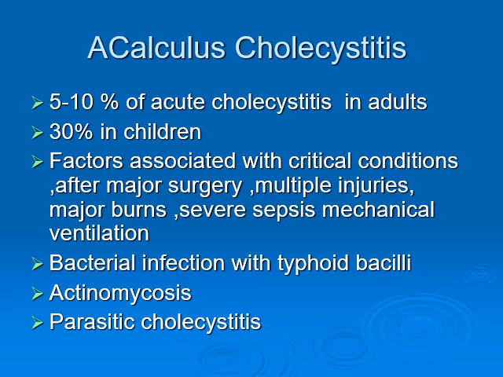Factors associated: critical conditions after major surgery, multiple injuries, major burns, severe sepsis, and usually it's noticed in patients on mechanical ventilation. Bacterial infection with typhoid bacilli or actinomycosis is very rare nowadays. At the time, typhoid bacilli presence in the gallbladder was reported to be associated with gallbladder cancer.